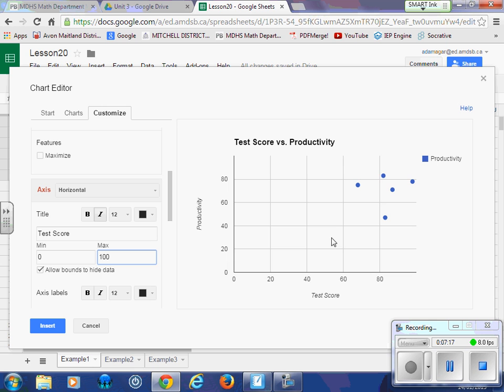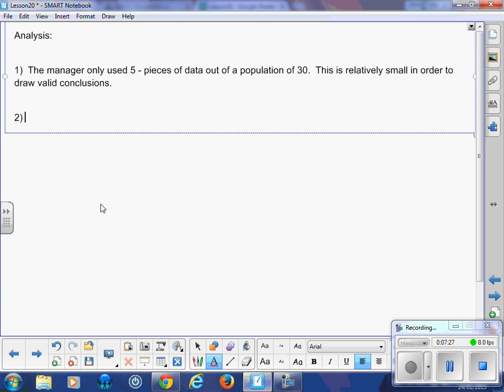Okay. So my first analysis, when I look at those 5 points, I am saying, that is not overly impressive in terms of regression, and I'm going to put that. So based on the manager's chosen data, there appears to be a weak positive correlation.